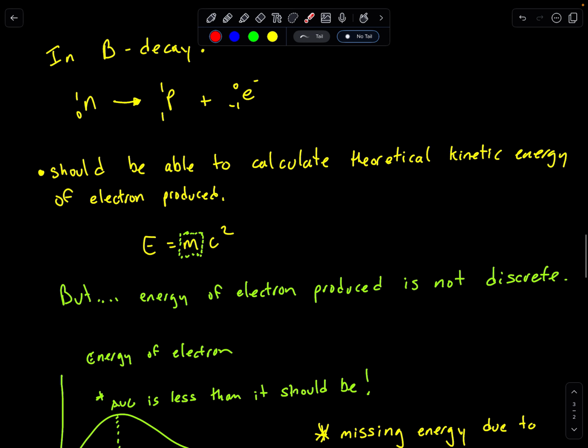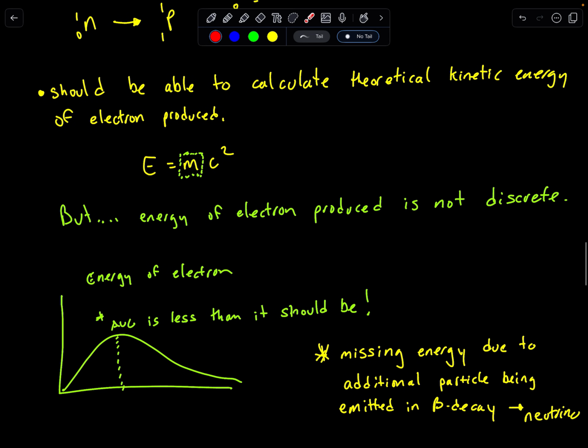Using E equals mc squared, I can calculate the energy of that electron. We would see not a single energy, but a distribution of energies of electrons coming off. And the average electron energy is actually less than it should be. It's always less than it should be.